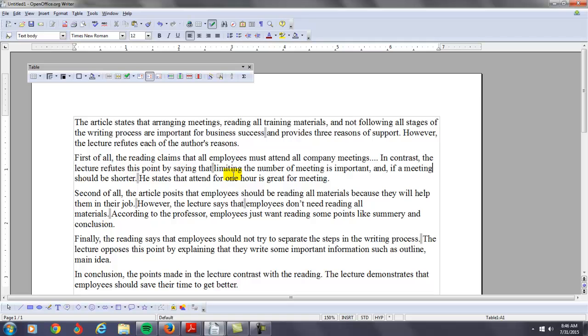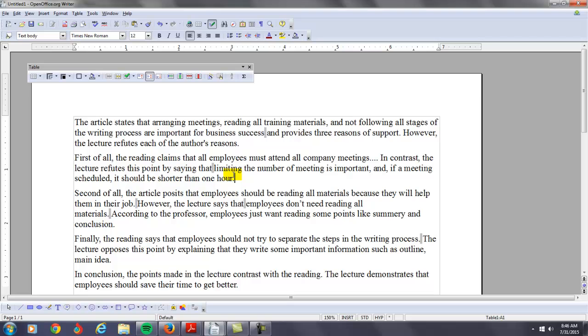If a meeting is scheduled should be, you want to say here, shorter. You can probably say it like this, and this is what you've already said here, right?